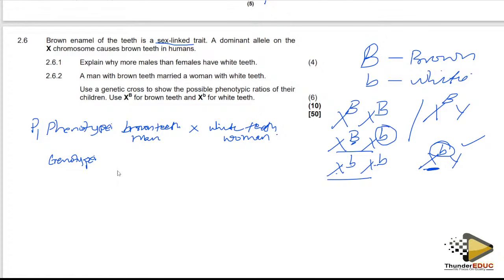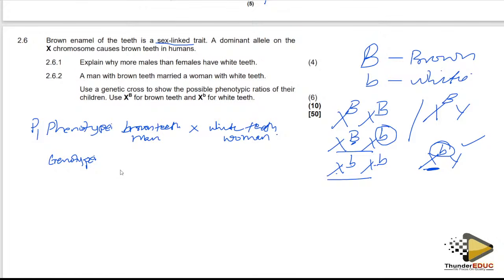The description of an organism in terms of what you see, the physical appearance of an individual, is what you call the phenotype. So the problem is not phenotype. The problem is not crossing. The problem is the genotype. Because if you fail the genotype, you are most likely to lose the 3 marks.